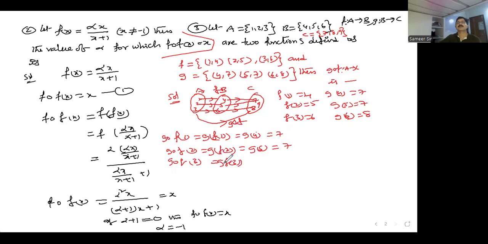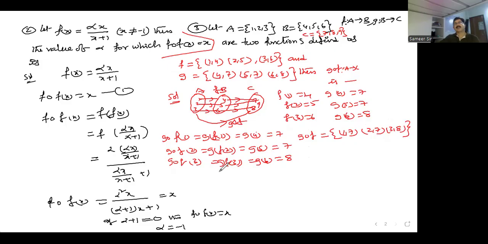You know very well f of 3 is nothing but 6, and g of 6 is 8. So g circle f is: 1 to 7, 2 to 7, and the next one is 3 to 8. We will get it like this.